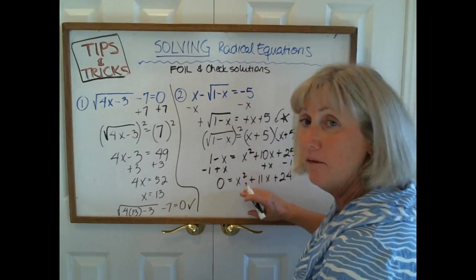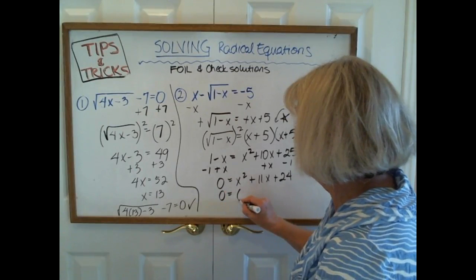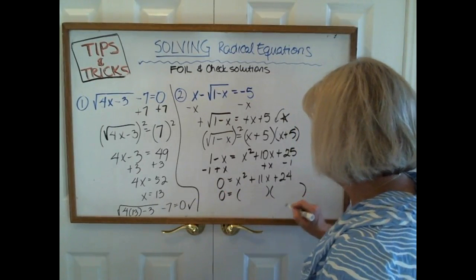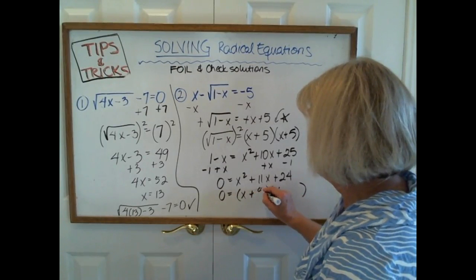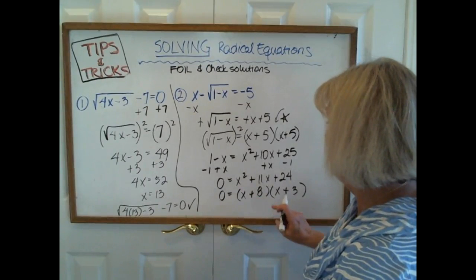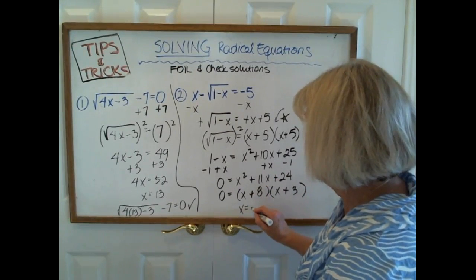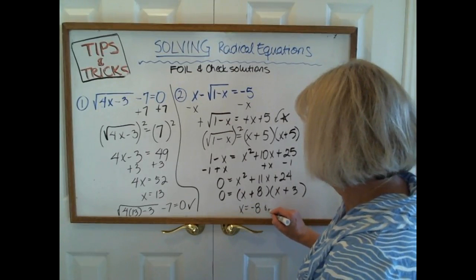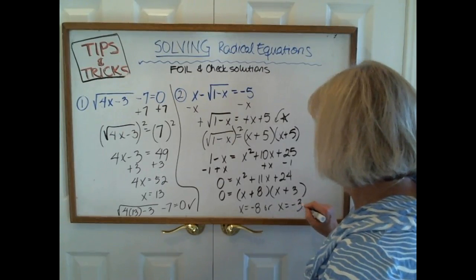And now what we need to do here is factor it. So we have 0 equals, and this is just plain x factoring, x plus 8 and x plus 3, because 8 times 3 is 24 and 8 plus 3 is 11. So x equals negative 8, or x equals negative 3.